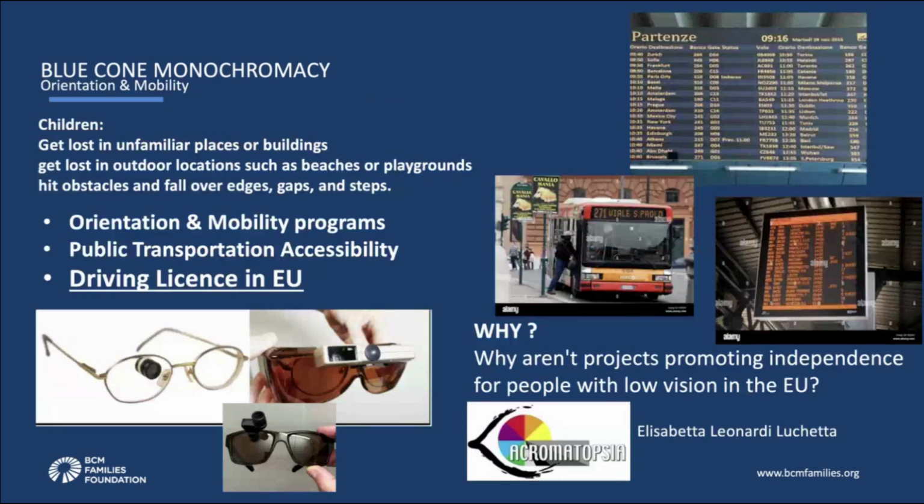In the life of people with BCM, there are many obstacles, and one is orientation and mobility. Children get lost in unfamiliar places or outdoors, hit obstacles, and need orientation and mobility programs. In the absence of a diagnosis, it is very difficult to make all the decisions that are important for the life of these people.